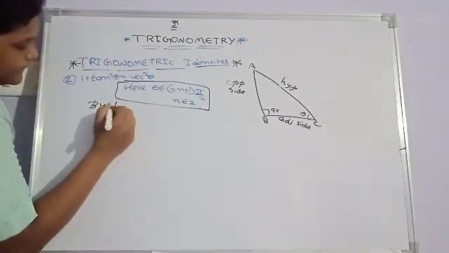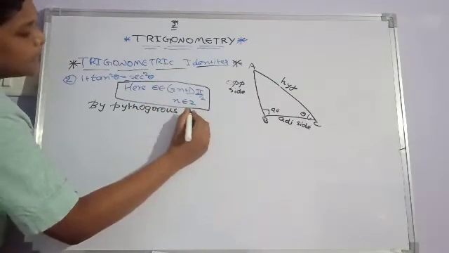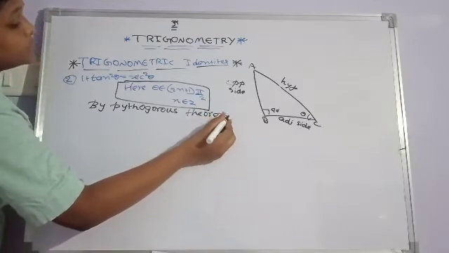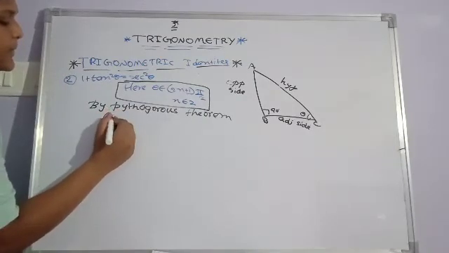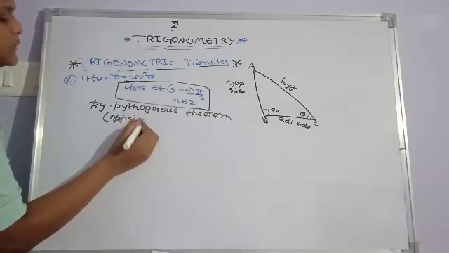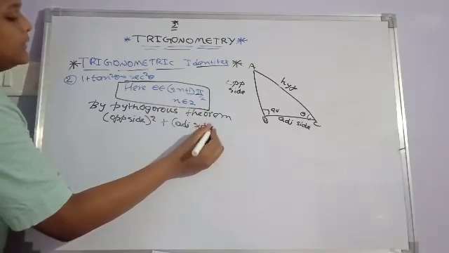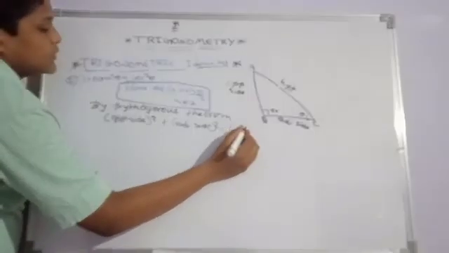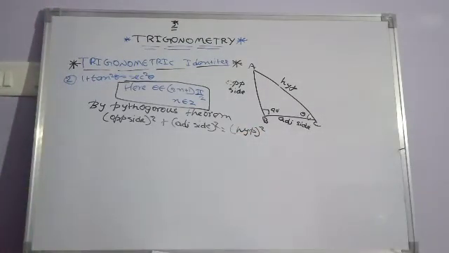Again, by Pythagoras theorem, opposite side whole square plus adjacent side whole square is equal to hypotenuse whole square.